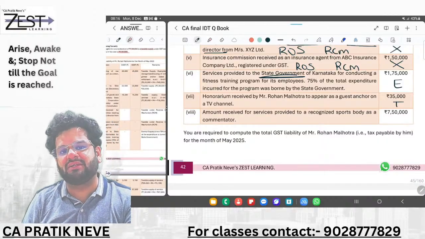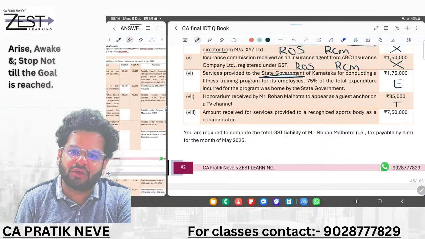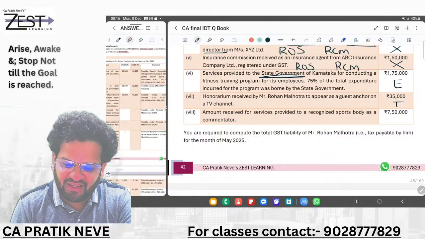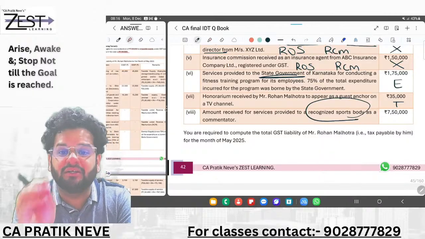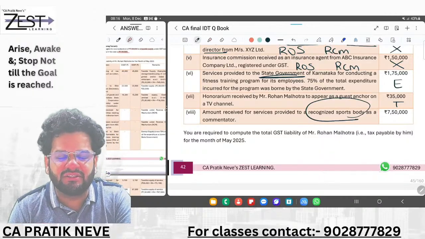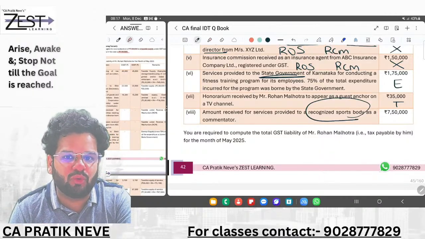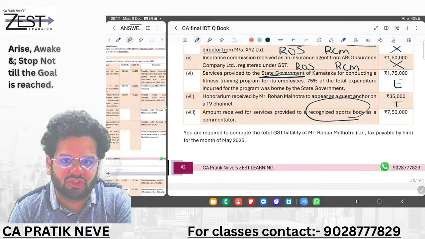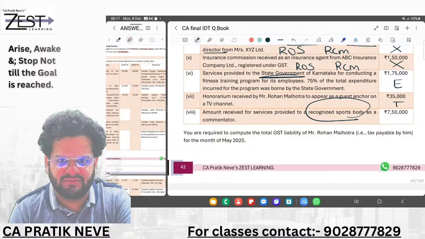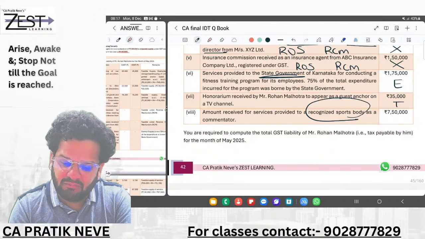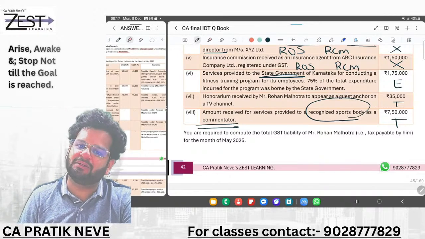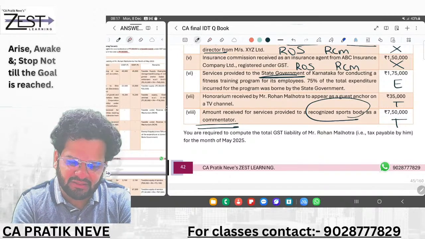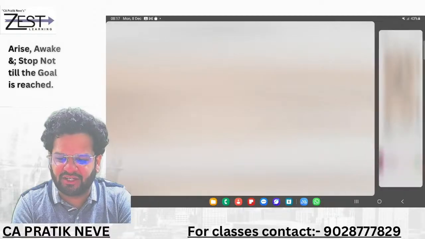This is going to be taxable. There is no question of exempting it. An amount received for service provided to a recognized sports body. Friends, you know service provided to a recognized sports body as a player, umpire, coach, or team manager is exempt, but this is given as a commentator, so this will be taxable. Clear? Go ahead and check.